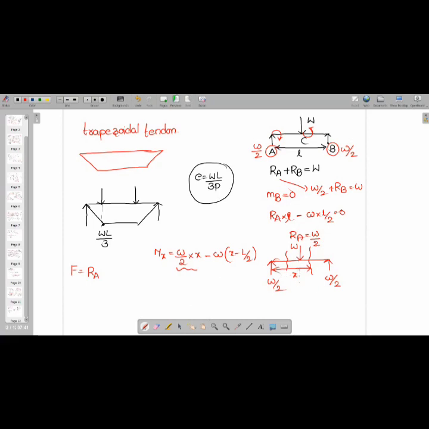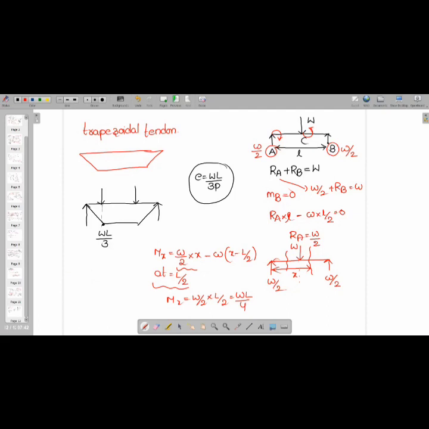So if I substitute X equal to L by 2, the bending moment is maximum. So moment is equal to W by 2 into L by 2, that will be equal to WL by 4. Clear, sir? So this is how we have to calculate the bending moment at a section.